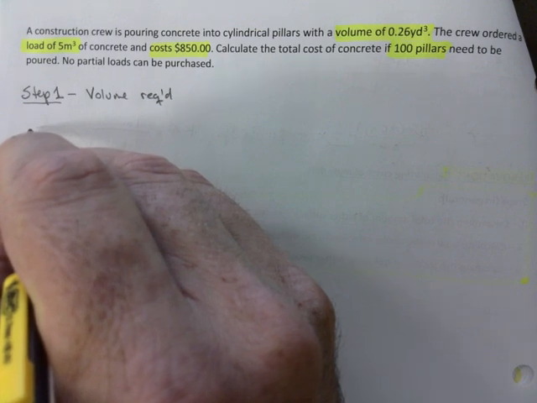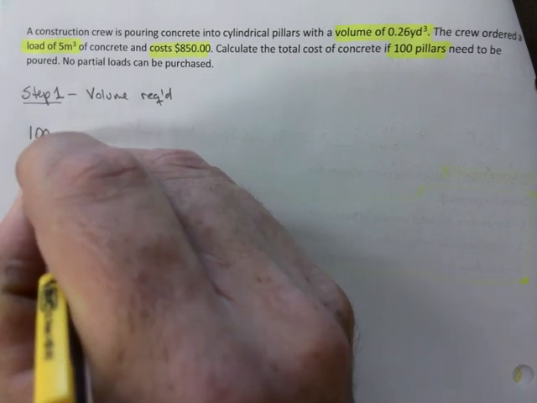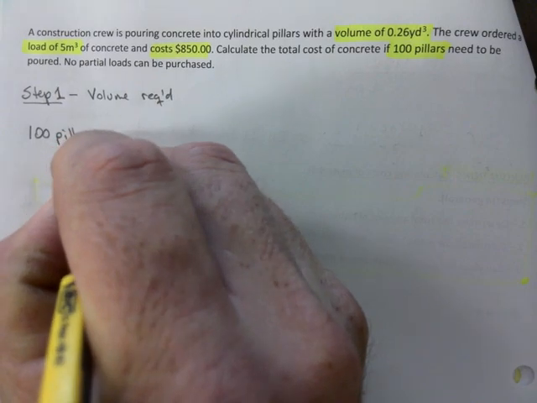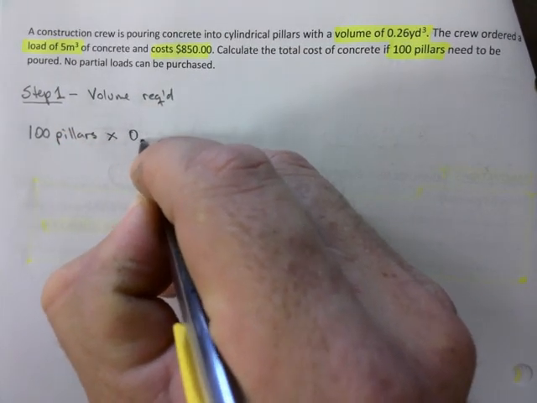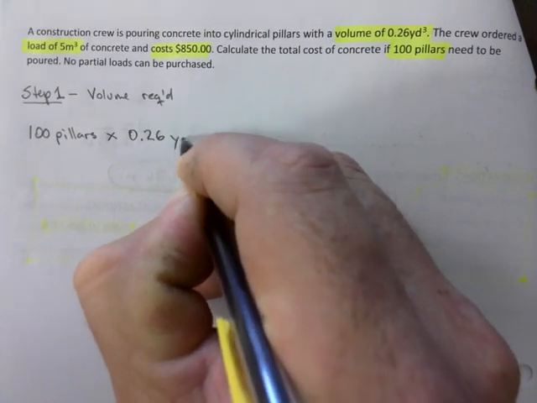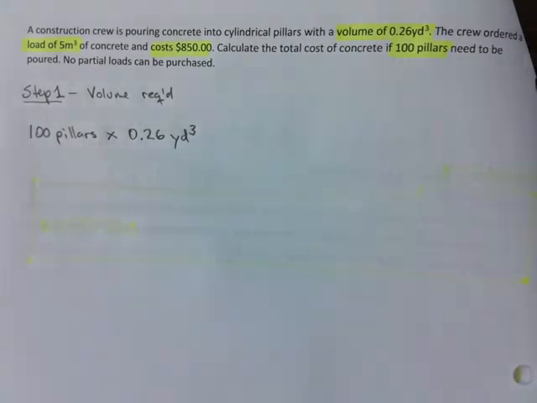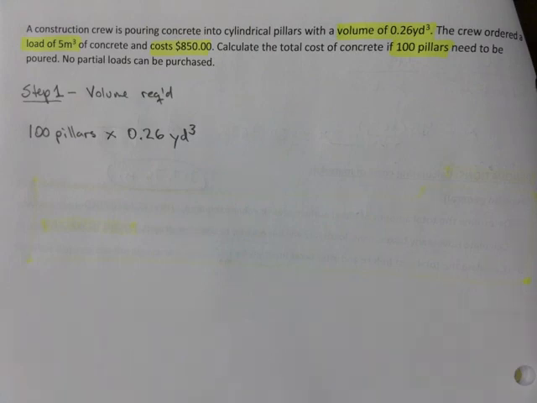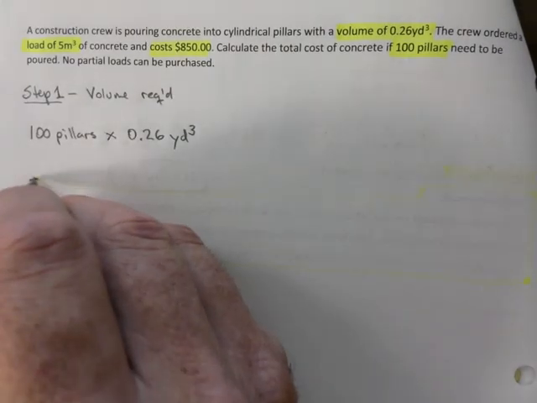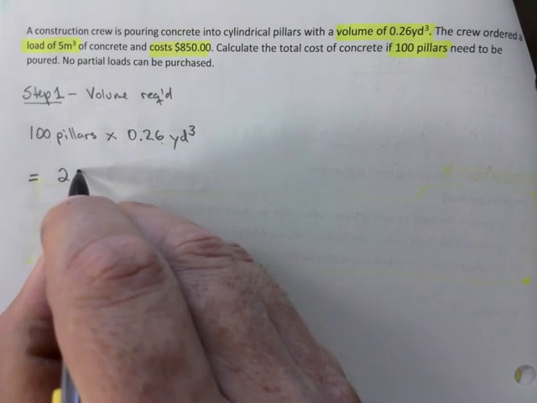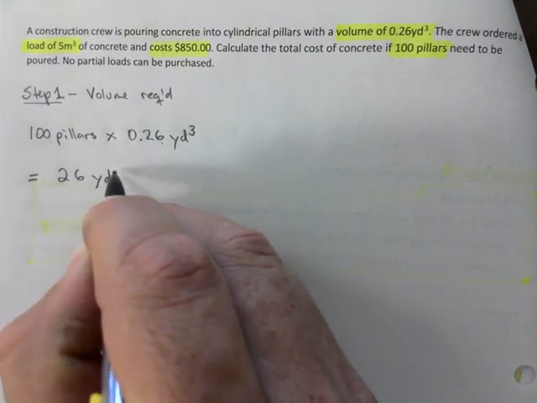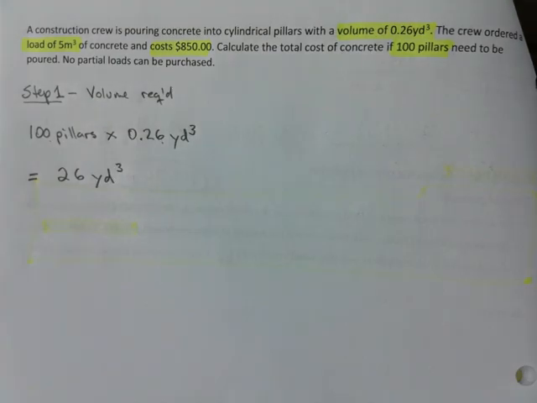In this case, I have 100 pillars that need concrete, and each one of those pillars requires 0.26 cubic yards of concrete. If you multiply it by 100, what are you going to get? 26 cubic yards, right? Nice and easy numbers so far.